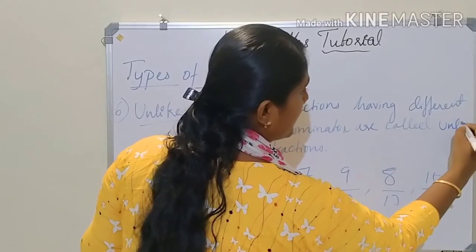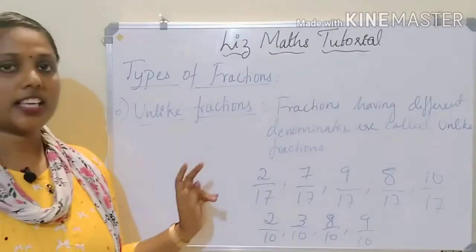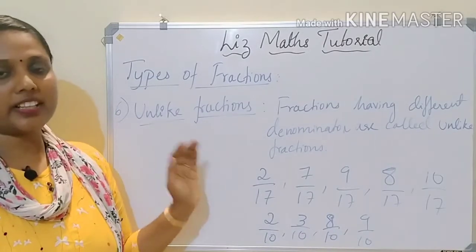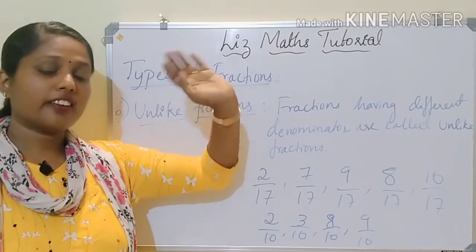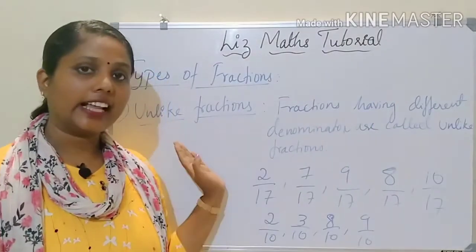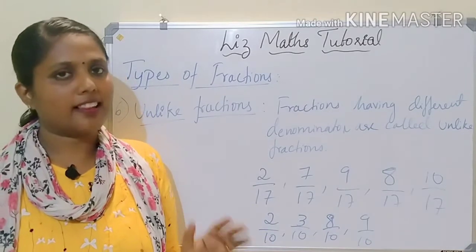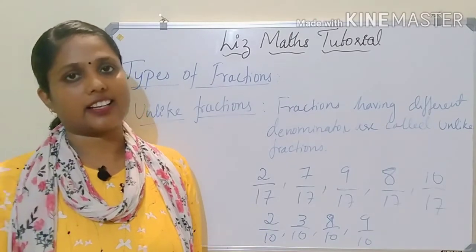It is the same definition with a little change: in like we have the same denominator, and in unlike we have a different denominator. Same, like; different, unlike, isn't it?